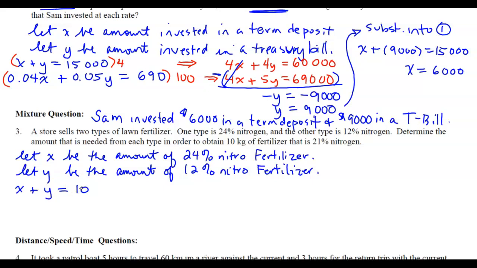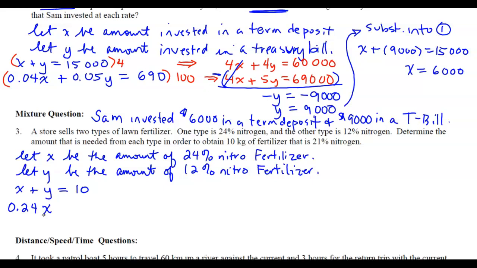Then for the next equation, we have to get those mixtures involved. Of that one bucket that's 24% nitrogen, that means 24% of whatever that mass is pure nitrogen. This one's 12%. And so we have to group it so that we get 21% of our new bucket, which is 10 kilograms. That's the part that students forget. So 24% is 0.24 times the amount of fertilizer.